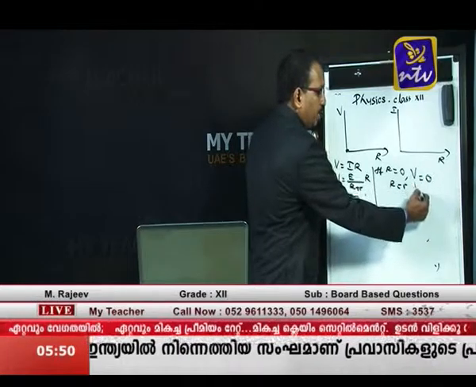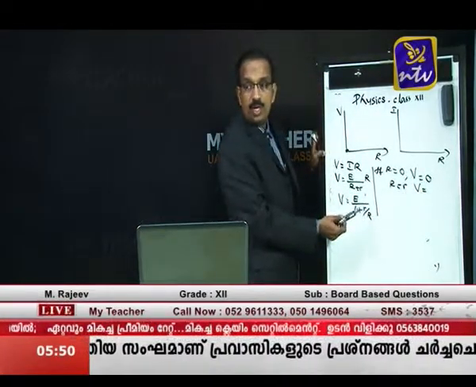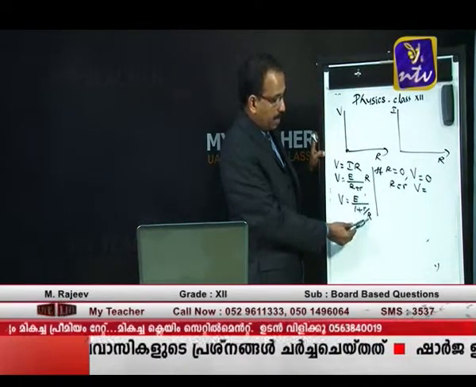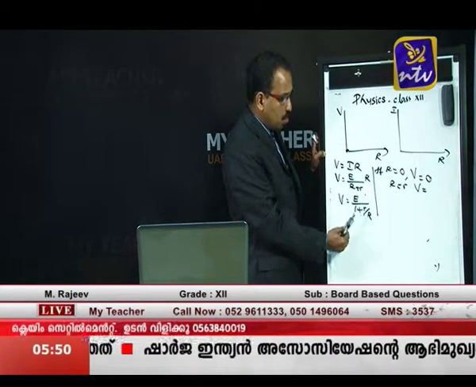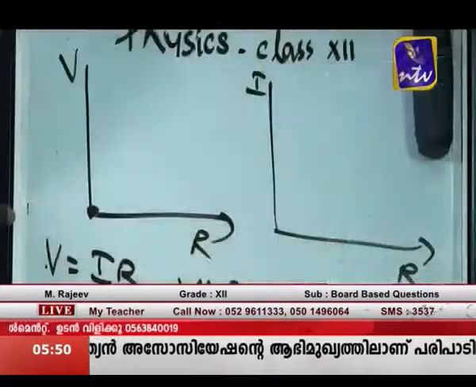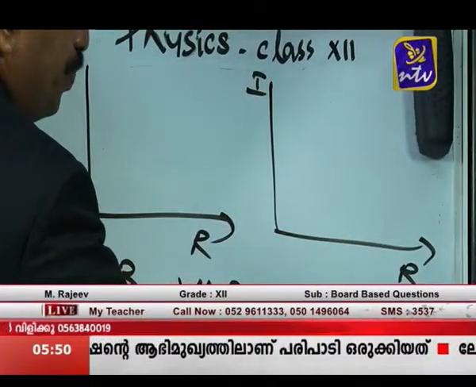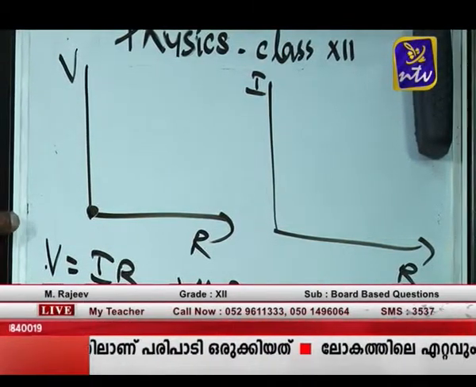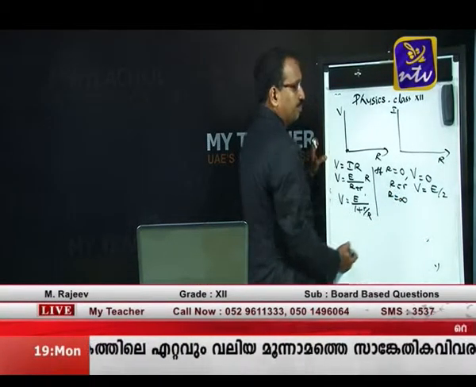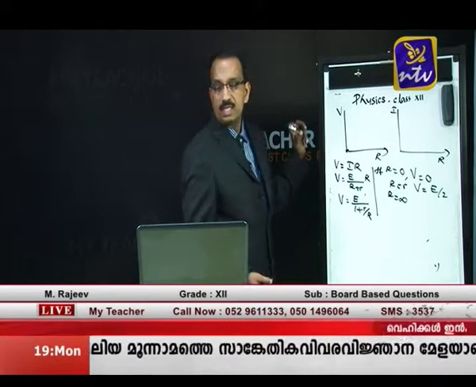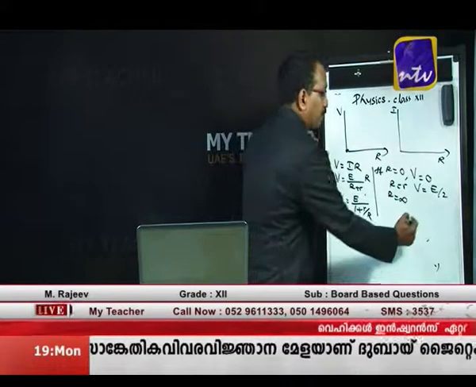Putting R as r, we get 1 plus 1, which is 2, so V is E by 2. Then if R is equal to infinity, what will be V?